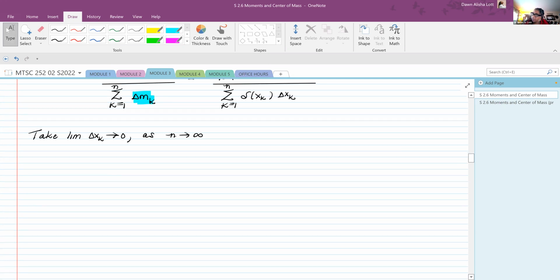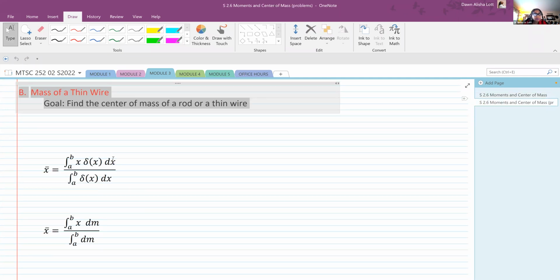So therefore x bar is equal to the integral from a to b of x delta of x dx divided by the integral from a to b of delta of x dx. So we end up with this.